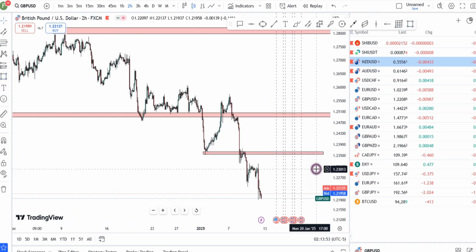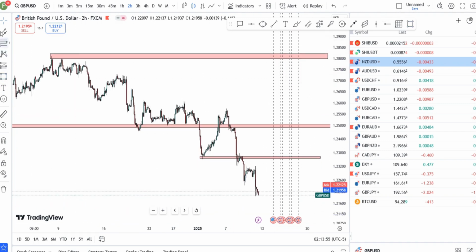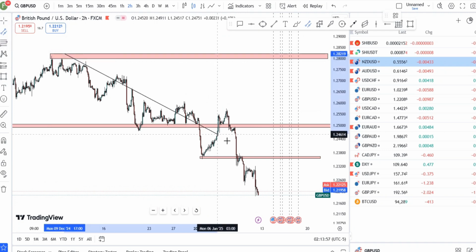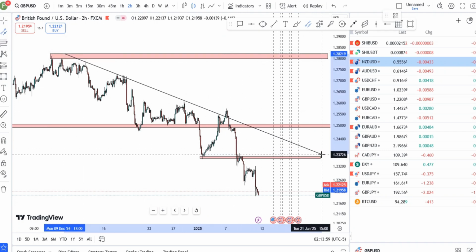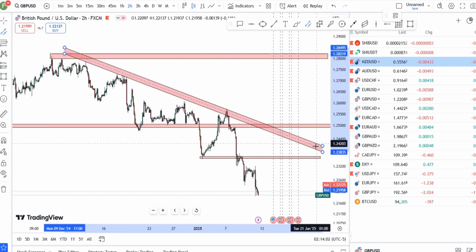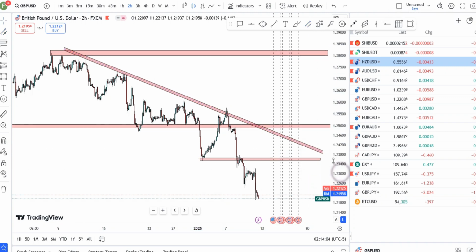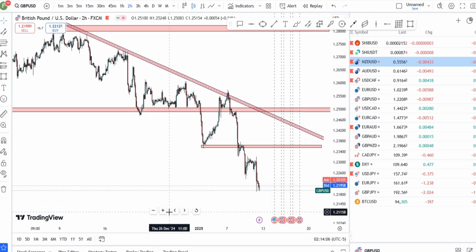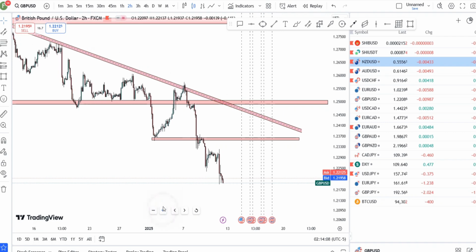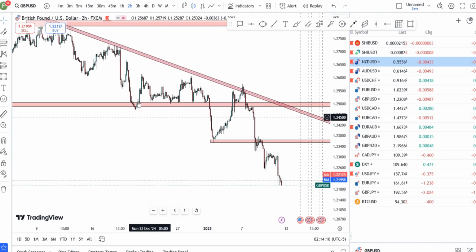You can see how the price breaks support every week and creates a new support. It means the price is breaking the support level, the demand zone, and creating a new supply zone.